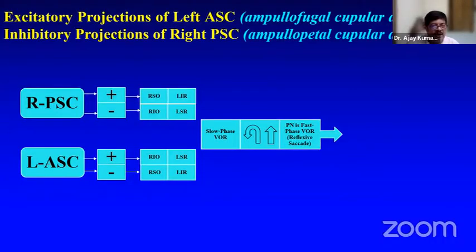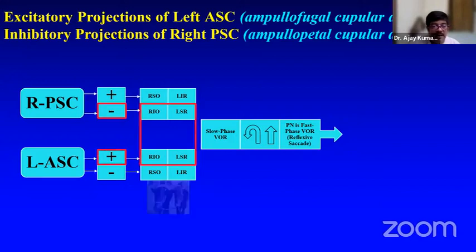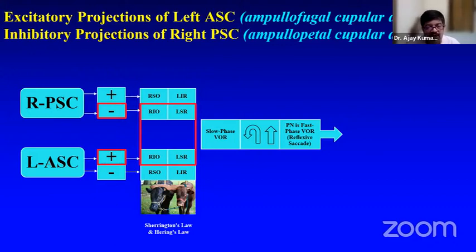So again, here I repeat, this patient could have been left anterior semicircular canal BPPV or right posterior semicircular canal apogeotropic variant, because the inhibitory projections of the right posterior semicircular canal and the excitatory projections of the left anterior semicircular canal are to the same pair, that is the right inferior oblique and left superior rectus, causing a slow phase VOR, which is upbeating and right torsional in either case.